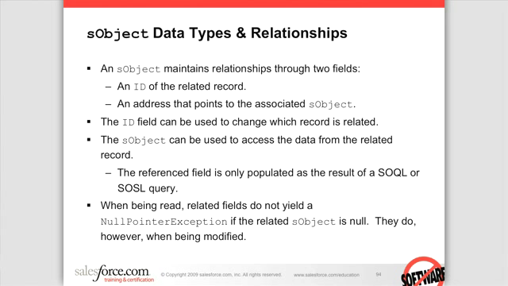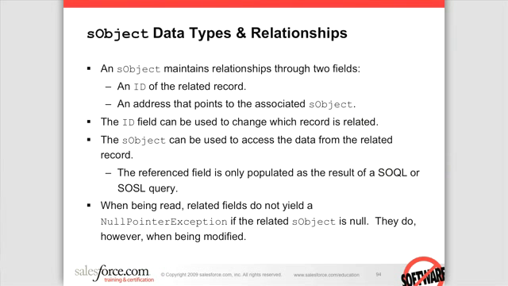Getting back to our objects and the relations between certain objects and other objects, the relationship is maintained between two fields on the sObject. There's the field which references the IDs. This contains sort of like that foreign key. It's referencing whatever the record ID is of the foreign record.